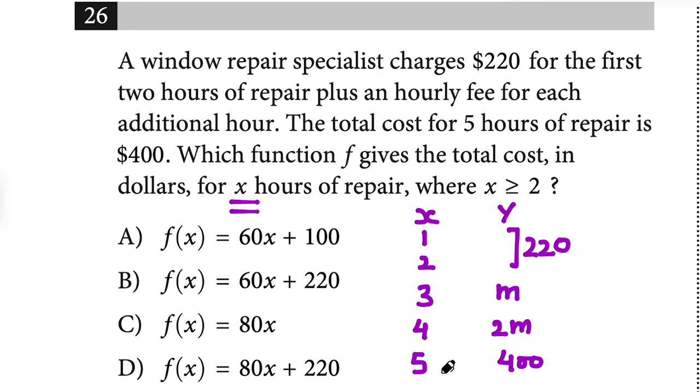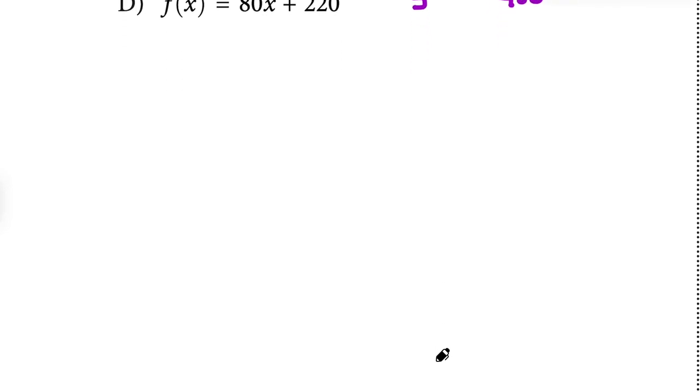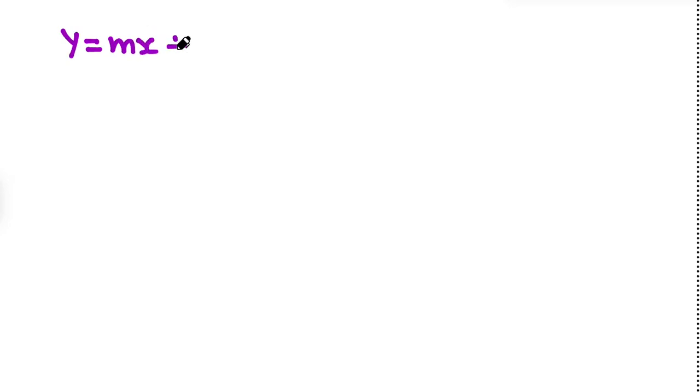Okay, fine. Now let's leave this question here and go back to the basics of the linear equation, when we have y is equal to mx plus b. Let's take an equation y is equal to 3x plus 5. So input and output: when x is 0, it is 5. That is known as initial value.